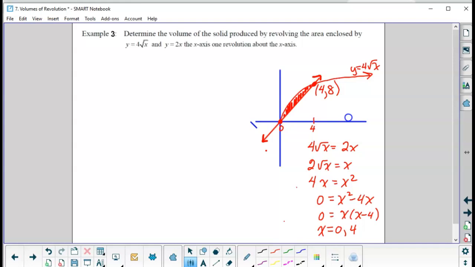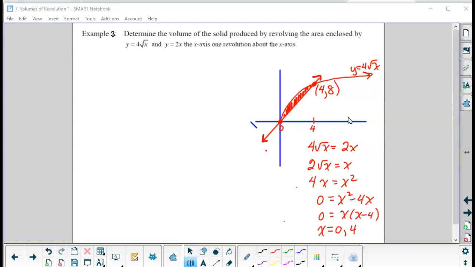The biggest mistake people make here is they subtract the functions and then they rotate it. Sometimes that will work, but in this case, no. If the functions were both linear or something like that, then that would be fine, but this isn't.